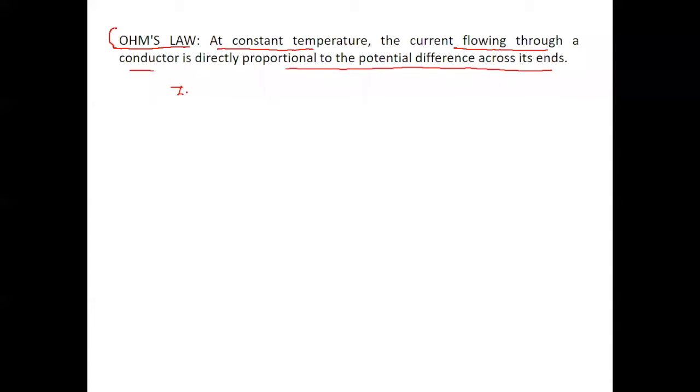Means I is directly proportional to V. Now we should understand the meaning of directly proportional.